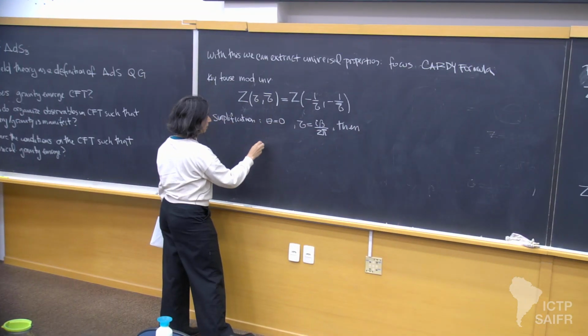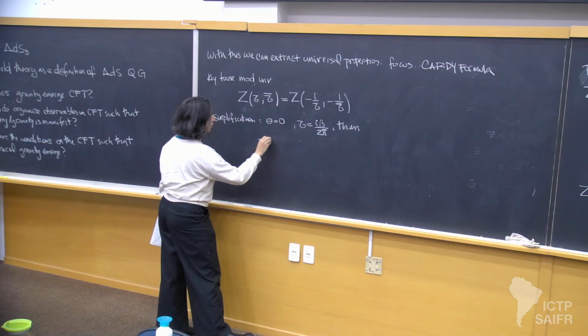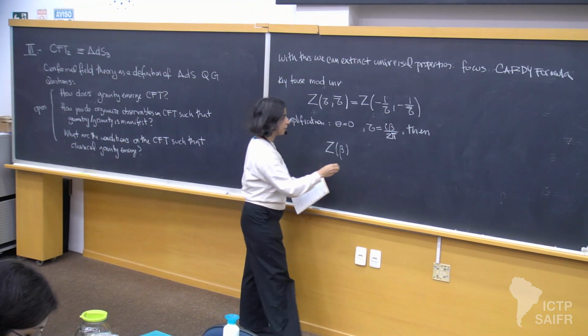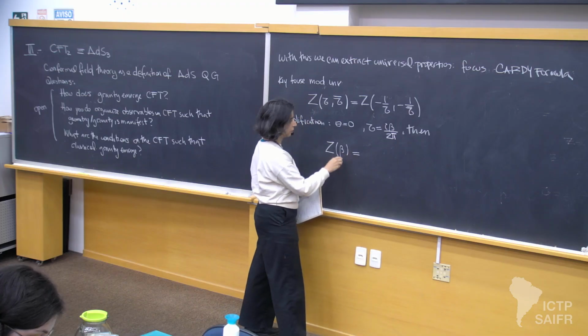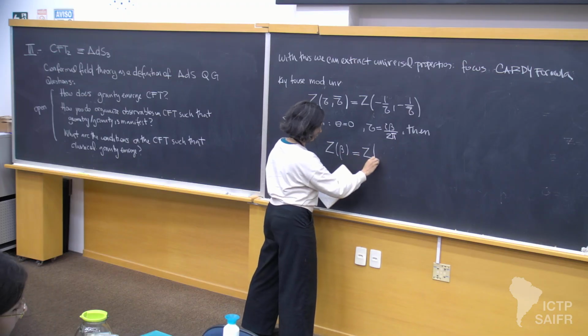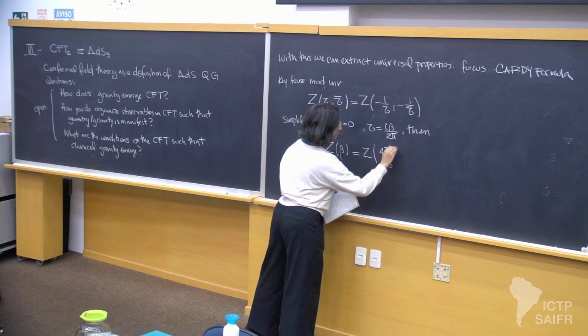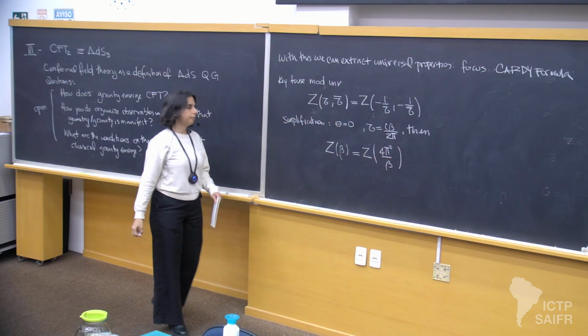Then you would just write down the partition function as a function of beta. What this equation is telling you is that the partition function as a function of beta is equal to the partition function as a function of 4 pi squared over beta.